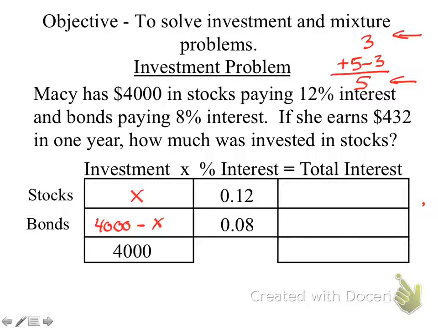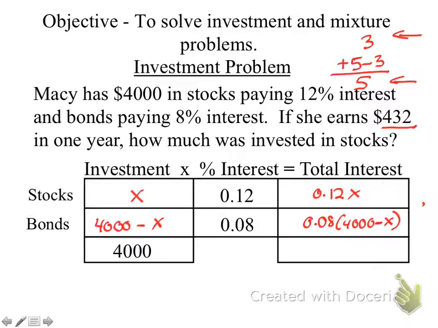Okay, now we multiply across. I get 0 and 12 hundredths X. I'm going to get 0 and 8 hundredths times 4,000 minus X. And, oh, we have one more thing that we're missing. If she earns $432 in 1 year, how much was invested? If she earns $432 of total interest, right?